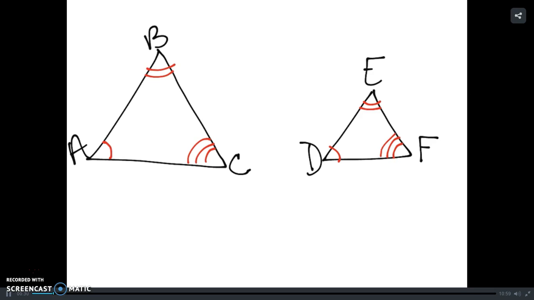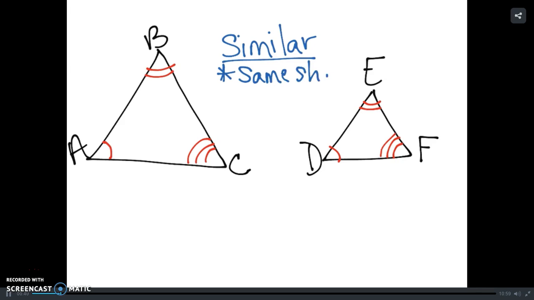Now when we're looking at similar polygons, the word similar is going to mean that these are the same shape. So in other words, I couldn't have a triangle be similar to a hexagon. That wouldn't work. But not necessarily the same size.